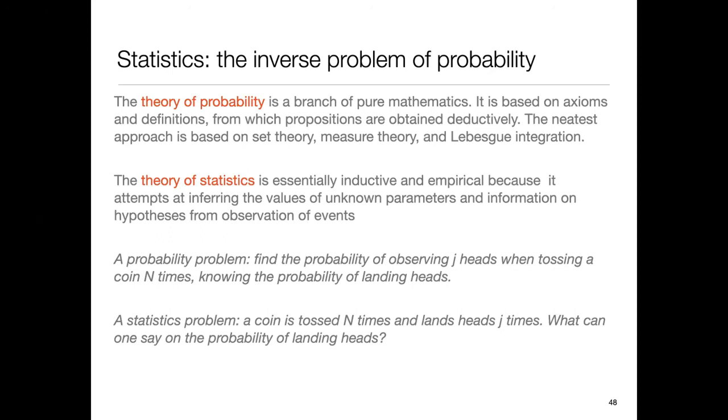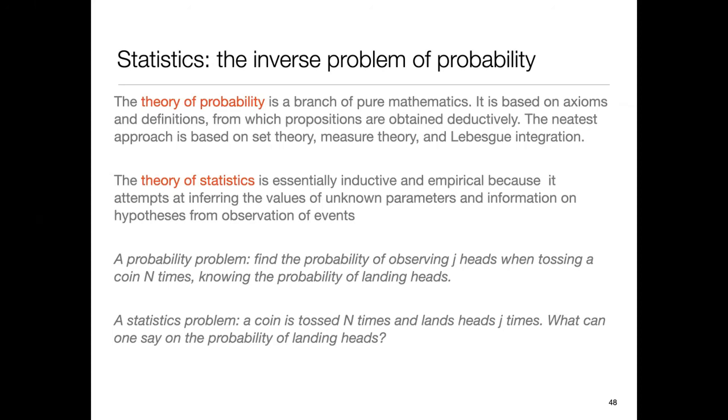And this is very important, right? A probability problem is like, find the probability of observing a certain number of heads when tossing a coin n times, knowing the probability of that coin to land heads. This is a probability problem. This is easy. It has no ambiguity in the solution. You can calculate very easily.